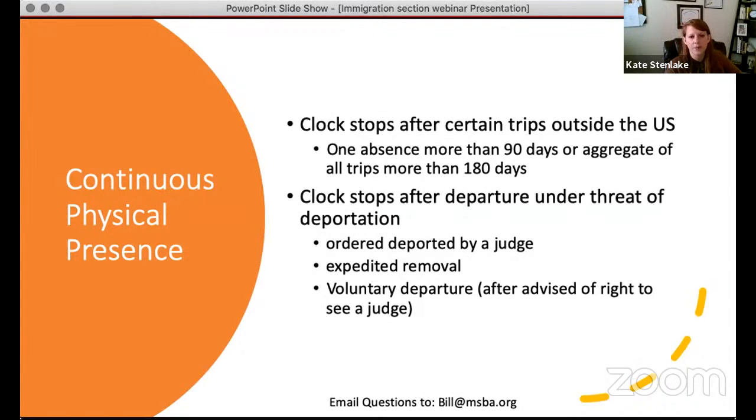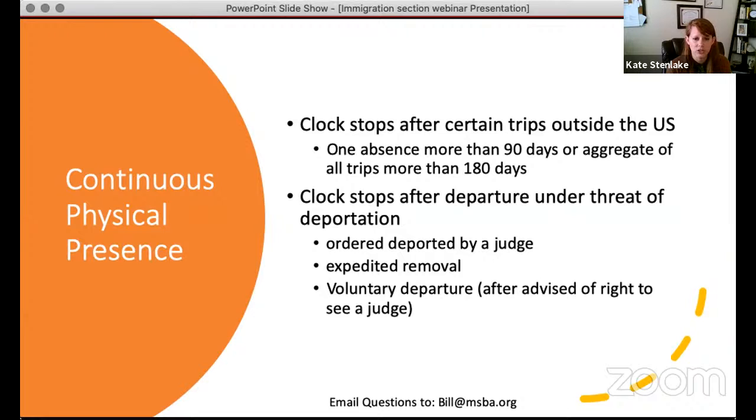The clock will also stop after departure under threat of deportation. You have to specifically look at the facts of each case and determine whether the person left because they were in danger of deportation, such as if they were ordered deported by a judge, or an expedited removal at the border.